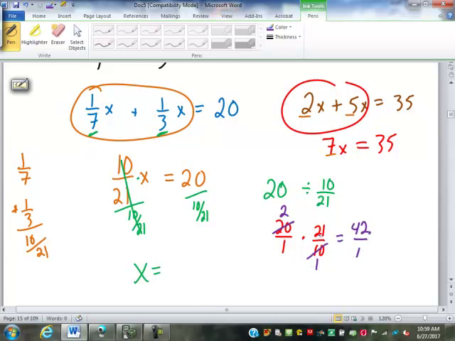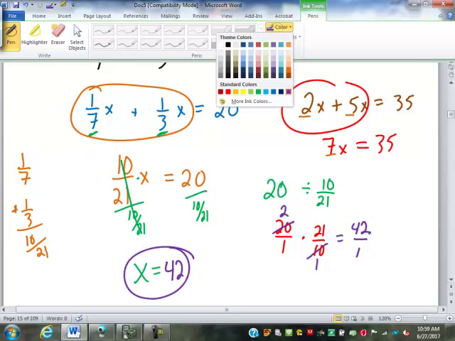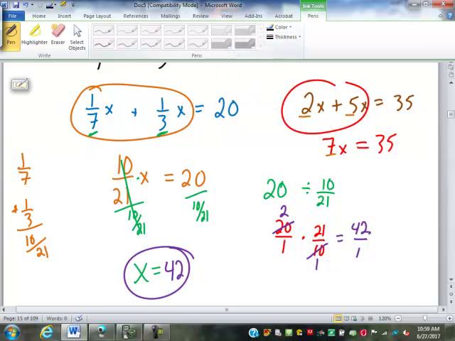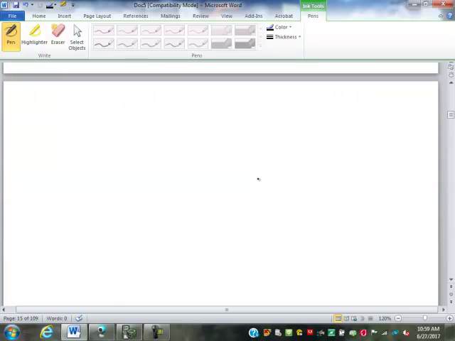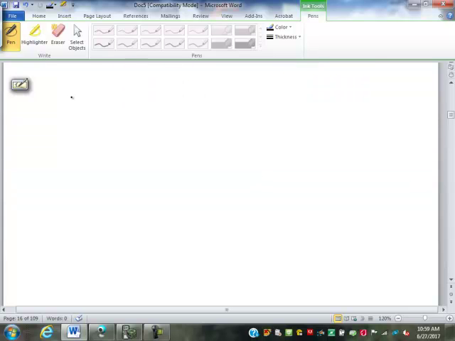So it's 42 over 1 or just 42. X equals 42. Fractions can sneak into our equations like this.